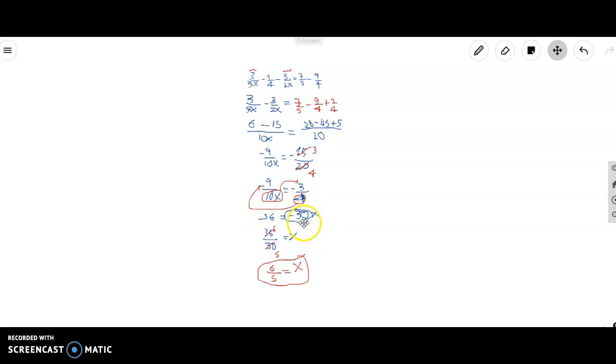Then this number is multiplying the variable, so it comes to divide: minus 36 over minus 30. The negative signs will be transformed into a positive, because negative times negative makes positive, and we simplify by 6. 36 divided by 6 makes 6, and 30 divided by 6 makes 5. And we got the final result. X equals 6 over 5.